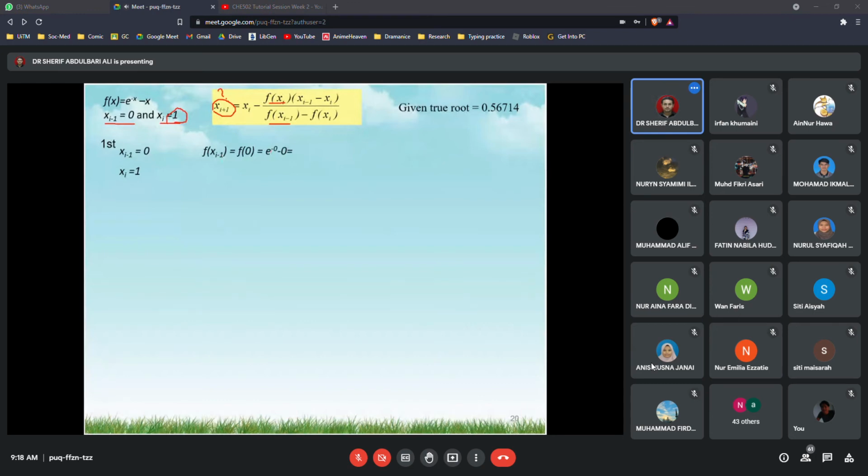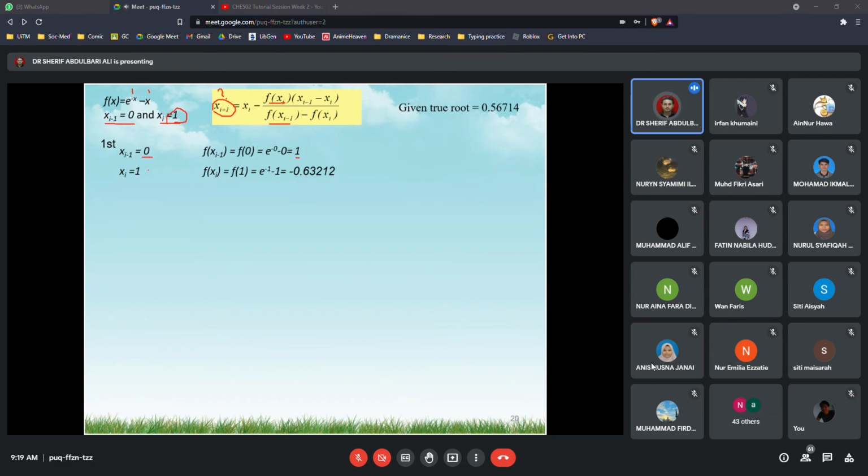So exponent negative 0 minus 0, the answer is equal to 1. Now I need to find this term. When x is equal to 1, the function of 1 is exponent negative 1 minus 1. Putting the 1s in here, the answer is equal to negative 0.63212.